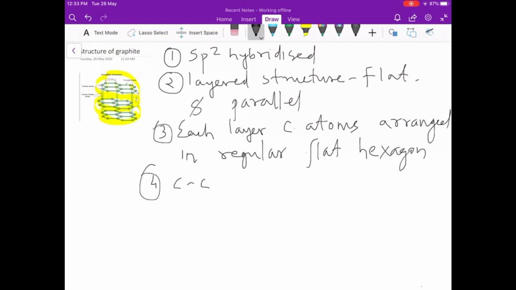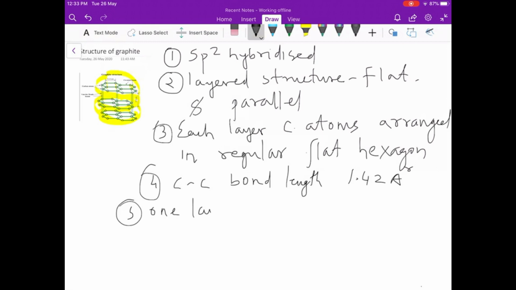Let me point out here also that the carbon bond length is 1.42 angstrom. That is the bond length. And now, this is important: each layer is linked to the other layer by a very weak force.